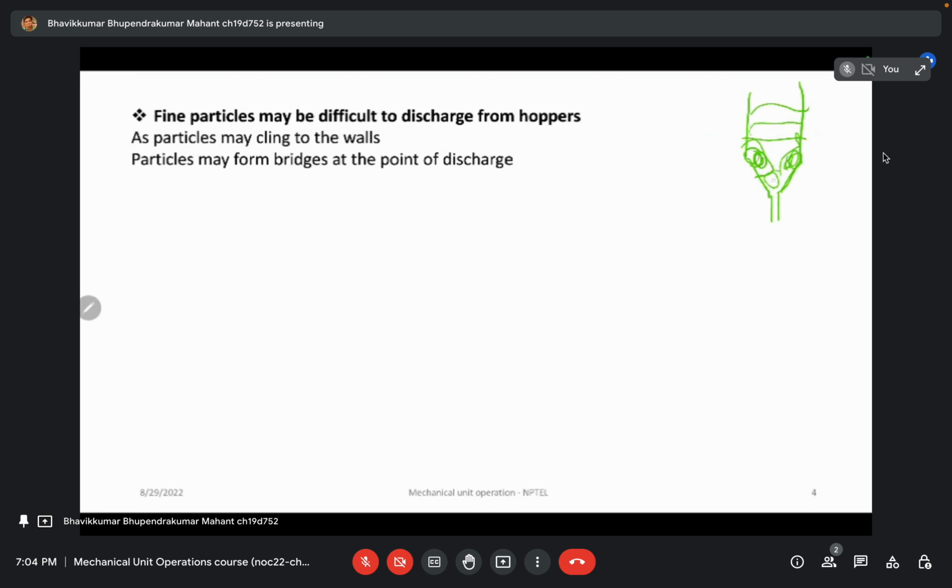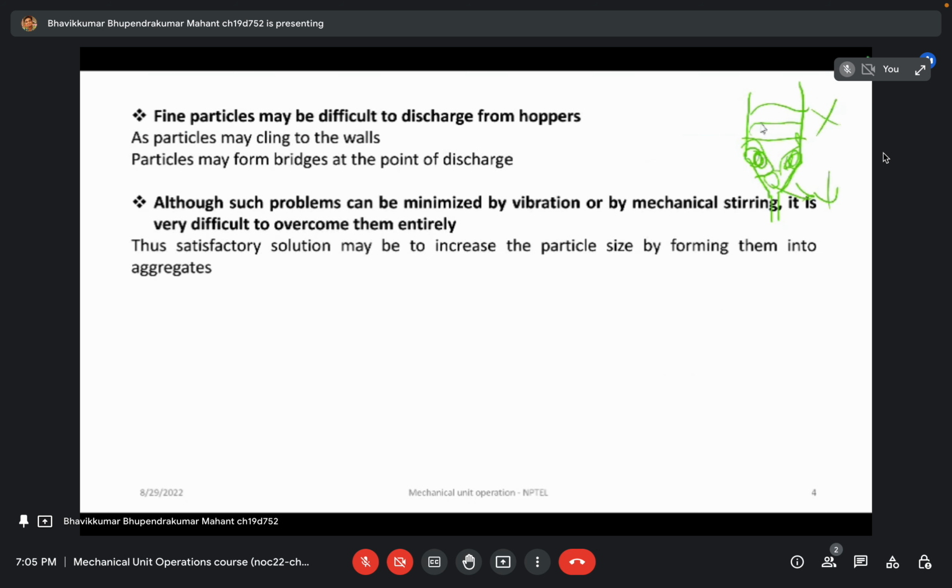So only this part can flow, or this cannot flow. This section of the fine particles cannot flow. They make bridges at the point of discharge. So this is also one major issue why we need size enlargement.